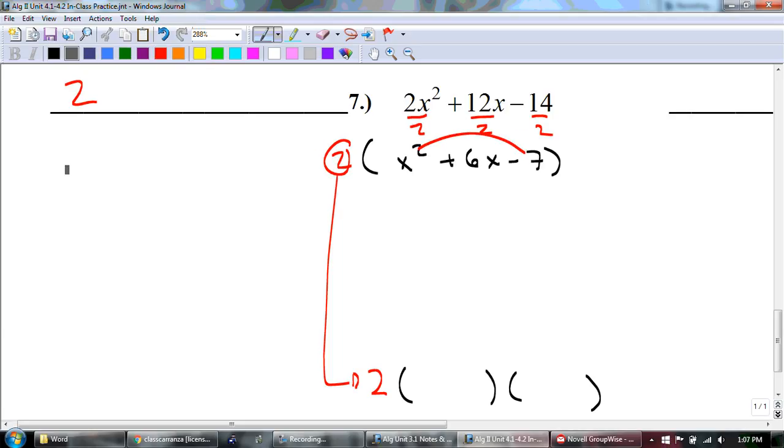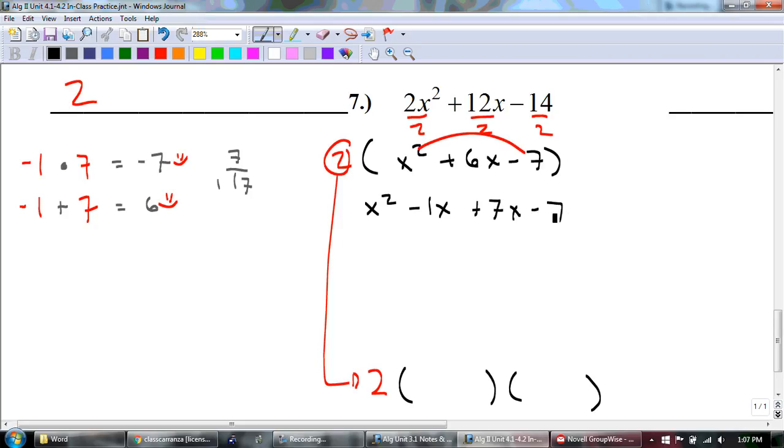We're looking for numbers that multiply to get to negative 7, but add to get to 6. Well, the factors of 7 are just 1 and 7, so we know it's going to be some combination of these two numbers. And the only way that works is if it's a negative 1. So we split that middle term, we get x squared minus 1x plus 7x minus 7.